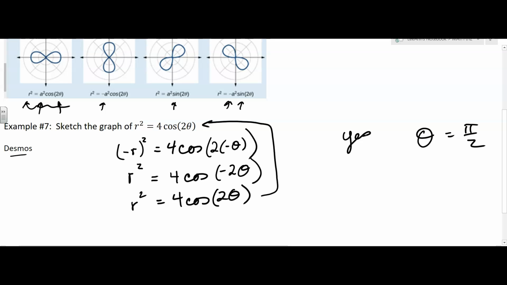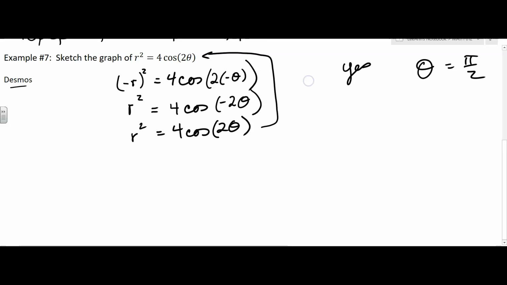Okay? And then you can check if it's symmetric about the polar axis. Then we would have r squared equals 4 cosine 2 negative theta, but that's going to work out too.